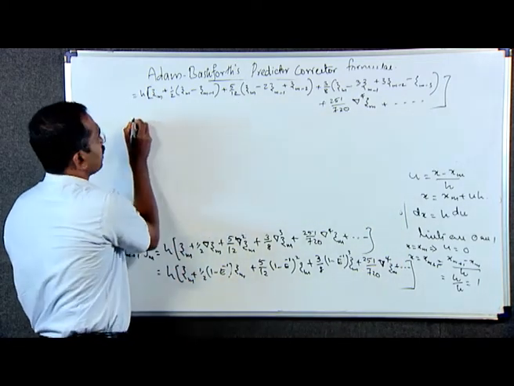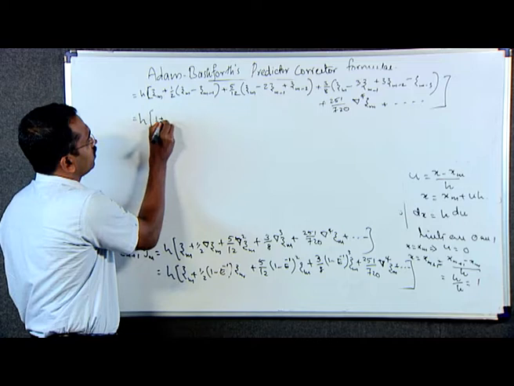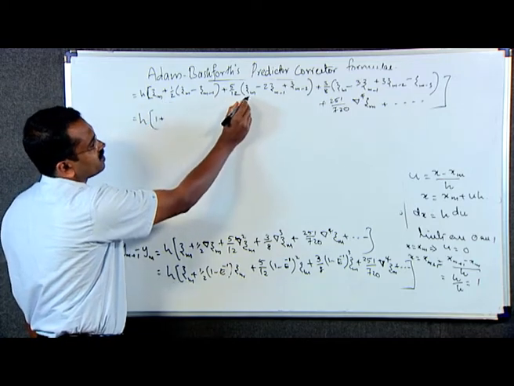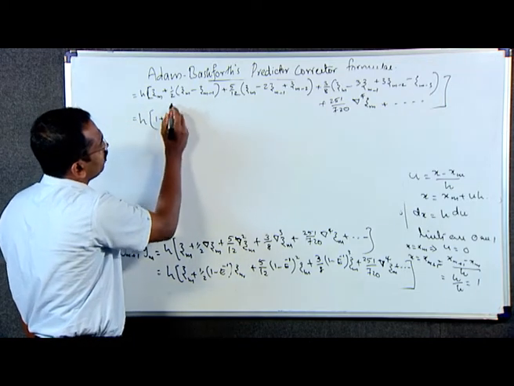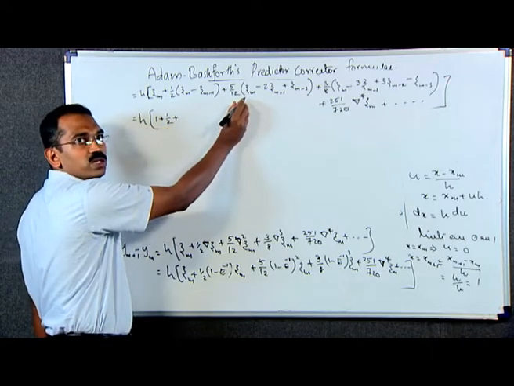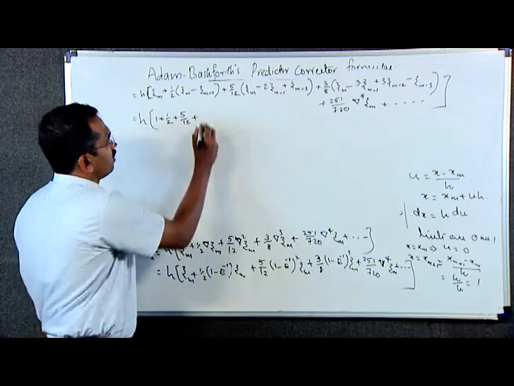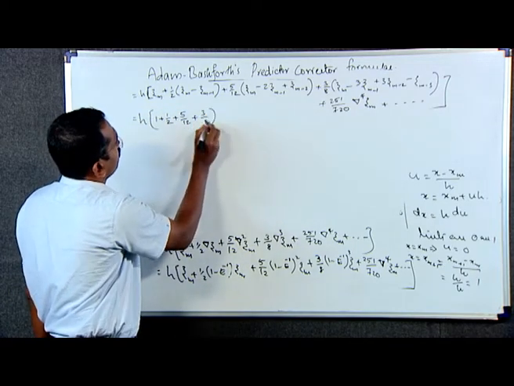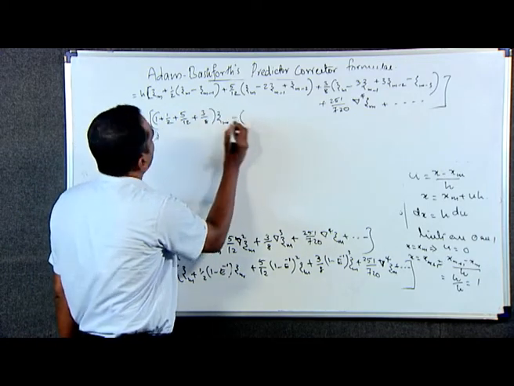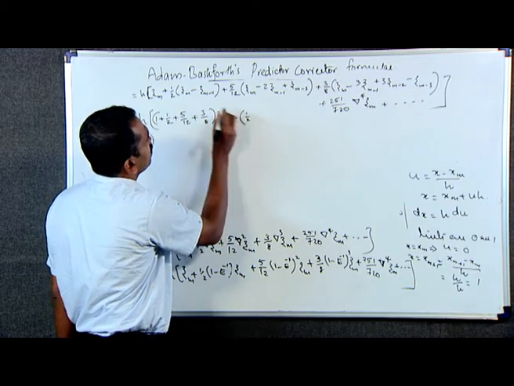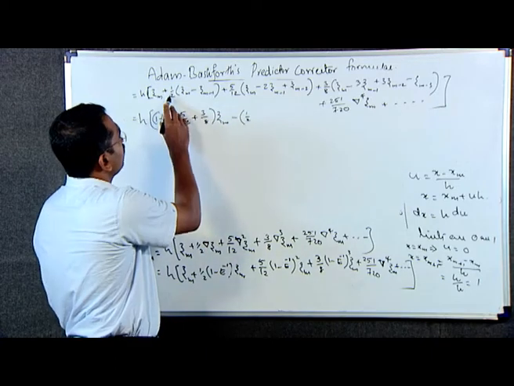This is equal to, we can write this as h into (1 plus, we collect all the terms having Z_m; sorry, here 1/2, then 5/12 Z_m, therefore 5/12 plus 3/8) this into Z_m, minus 1/2 into, now we collect all the terms having Z_{m-1}, therefore we can write here minus 1/2.